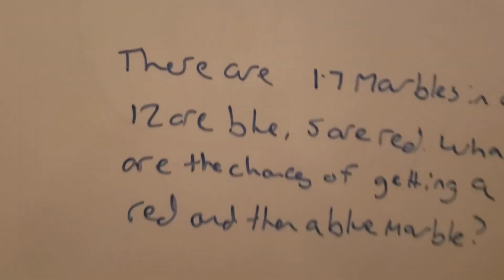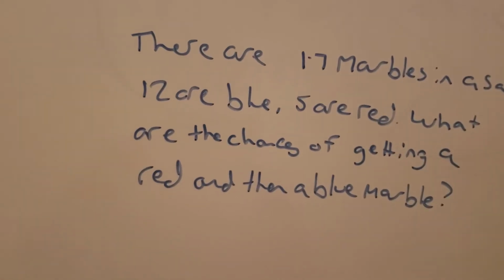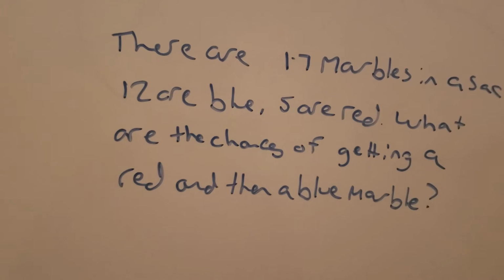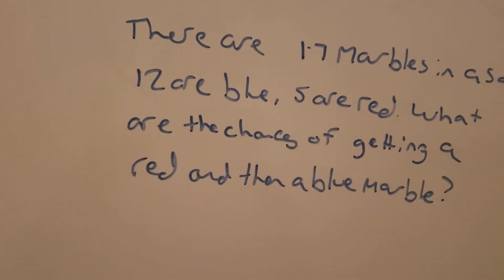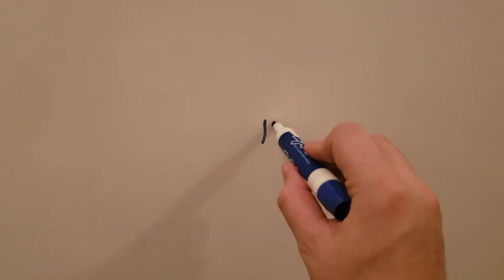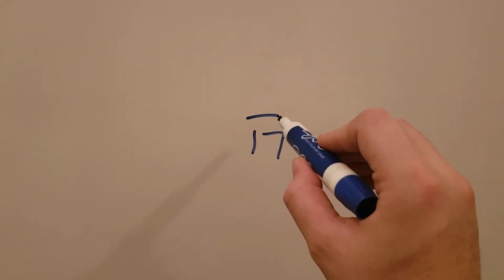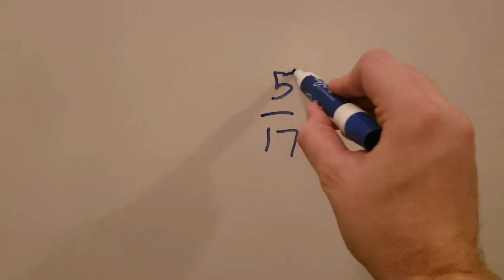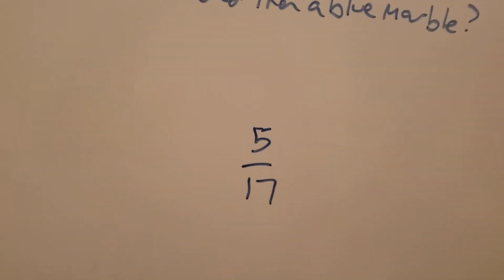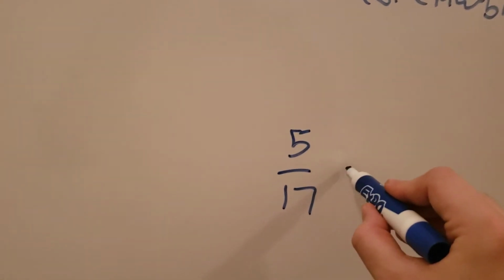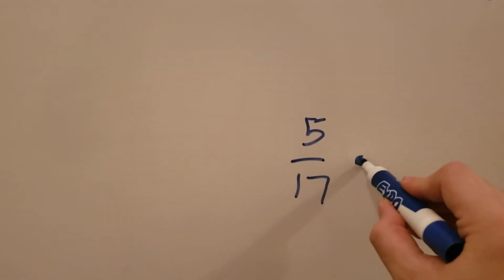In the first probability, they're saying, what are the chances of getting a red marble? Well, there were 17 possible chances, and red was 5, so there was a 5/17 chance of getting red. Now, after that, you've taken one of those marbles out.